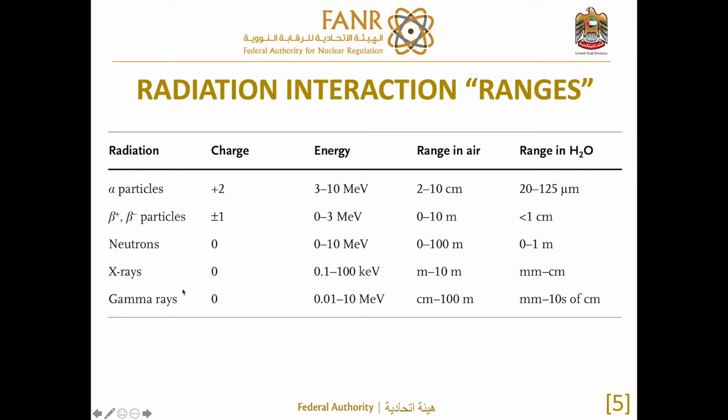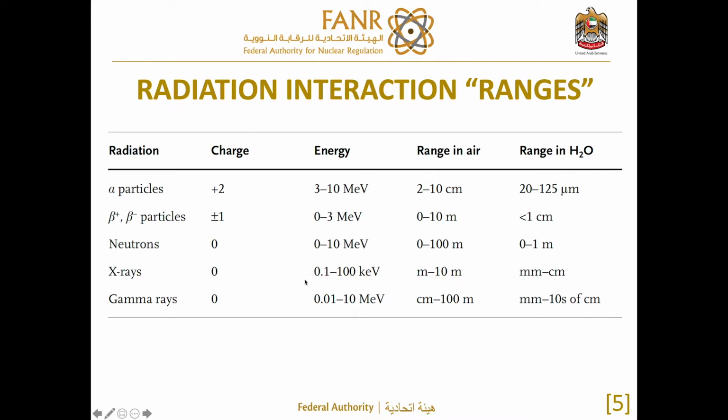X-rays and gamma rays are photons of the same nature, and normally, as we have discussed, their energy ranges are different because X-rays are emitted from the atom and gamma rays are emitted from the nucleus. So normally the former have lower energies, and normally the latter have higher energy ranges, but this is not always true. As an indication, X-rays are emitted with energies of the order of the kilo-electron volt or tens of kilo-electron volt.